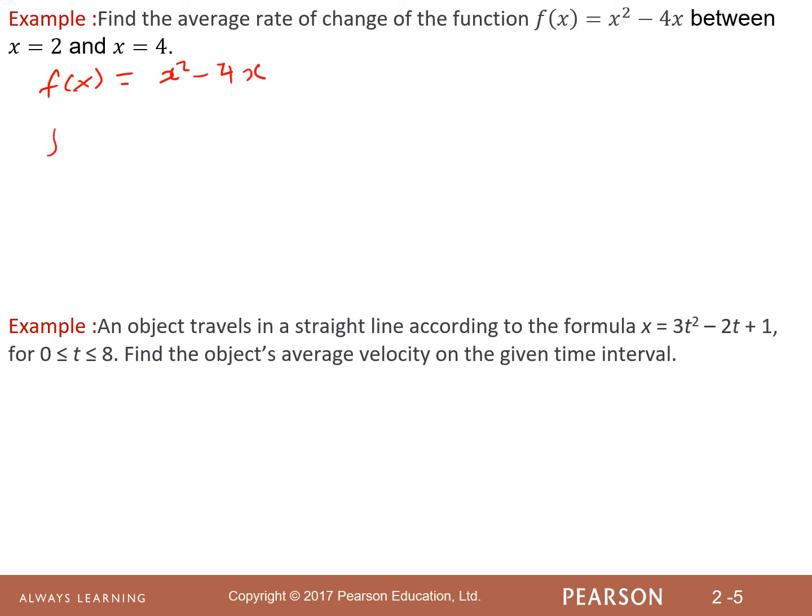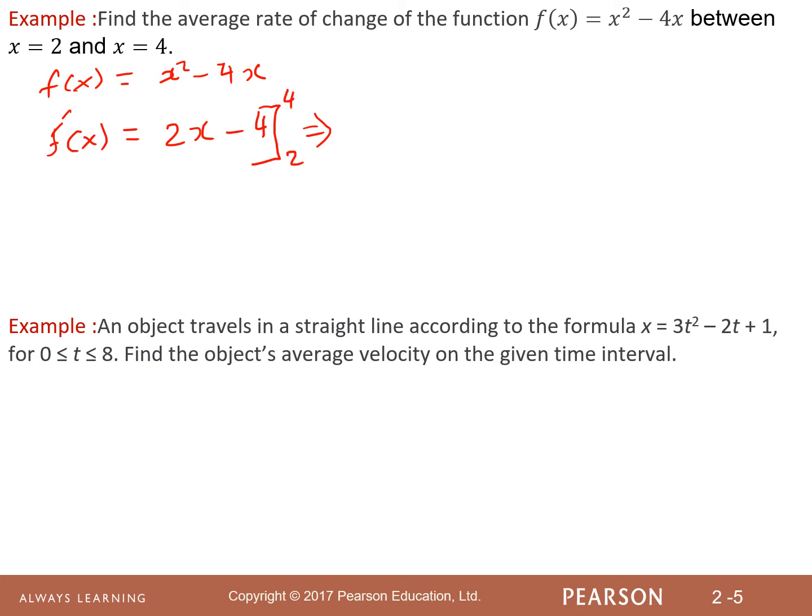Yes. So derivative of f of x, f prime of x, will be equal to 2x minus 4, right? And since we have to evaluate it between these 2 points, we'll say this evaluated between 2 and 4, right?